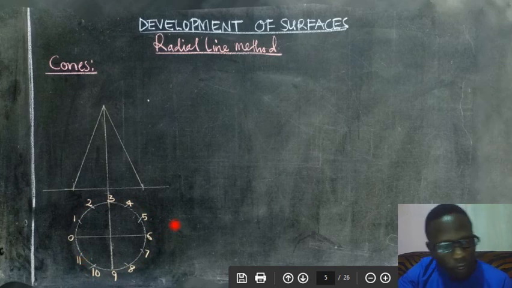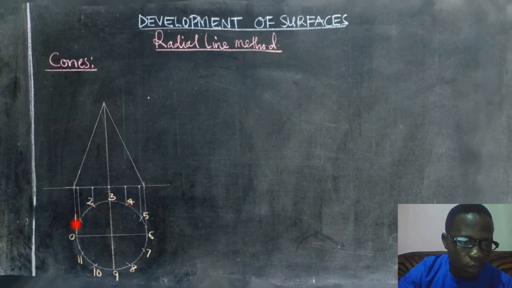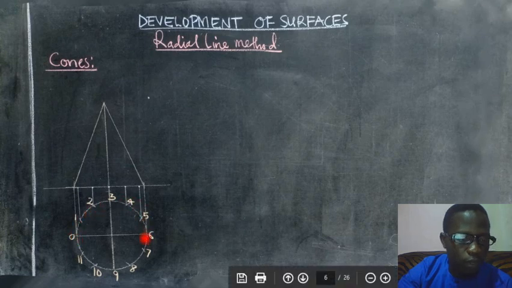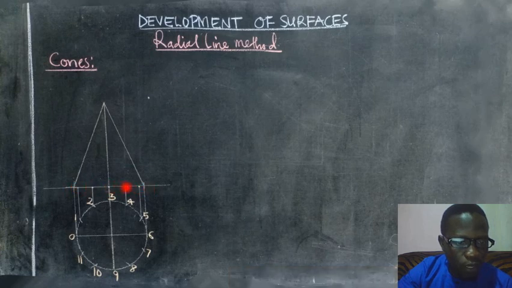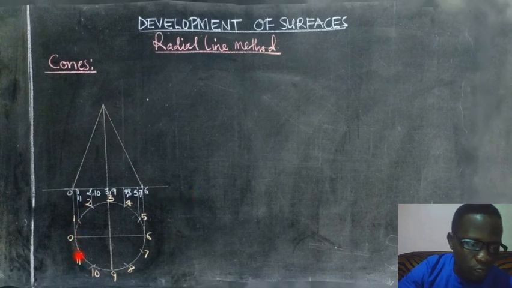Now what we do, we project lines from the points on the circle. As you can see, we have lines through 0, 1, 2, 3, 4, 5, like that, to the base of the cone. We have those points on the base of the cone, and we are going to label them as we see them from the plan.